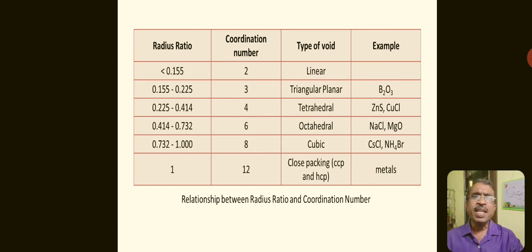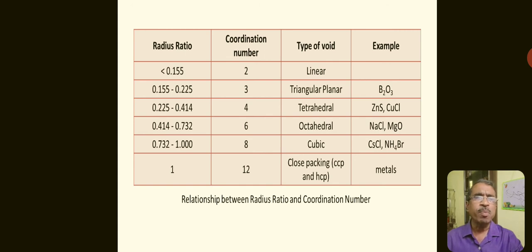If the radius ratio is between 0.414 to 0.732, then the coordination number is 6. It is having octahedral void, and examples are sodium chloride, magnesium oxide. Similarly, if the radius ratio is between 0.732 to 1, then the coordination number will be 8 and the void will be cubic.